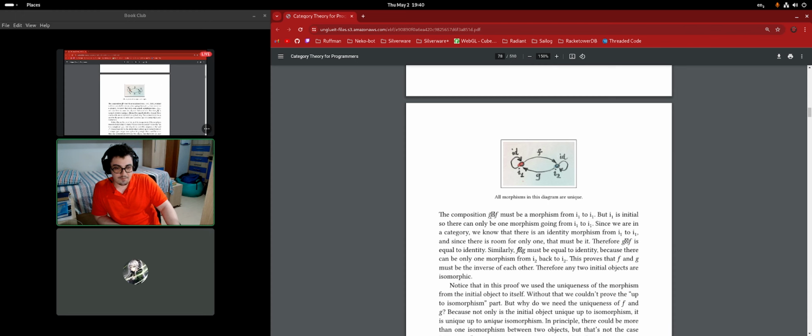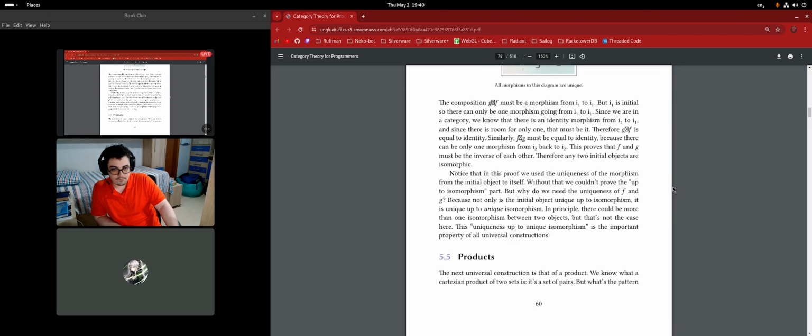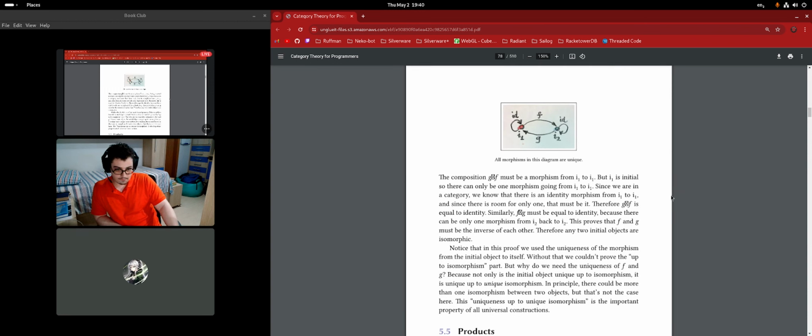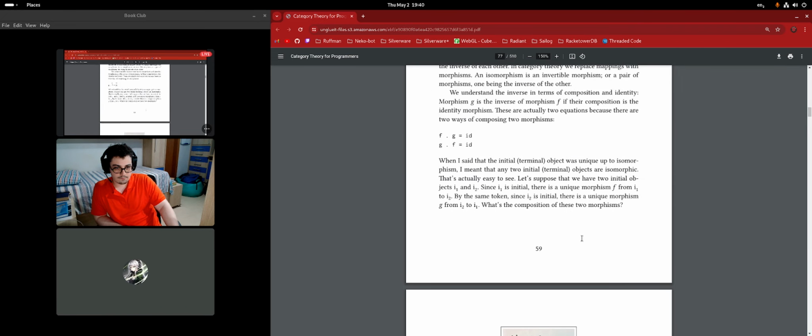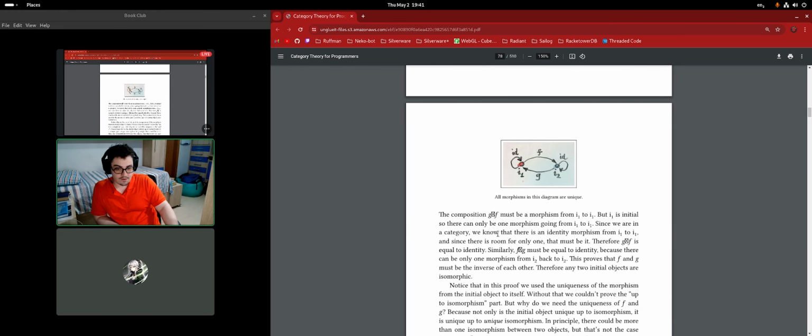Something happened with this PDF because I'm pretty sure this was supposed to be composed, but whatever. So notice that there is a catch in this proof though, because we're gonna use that fact here.